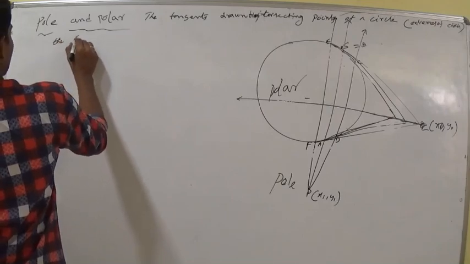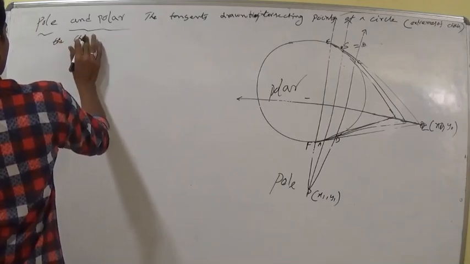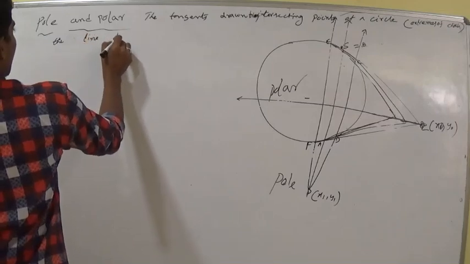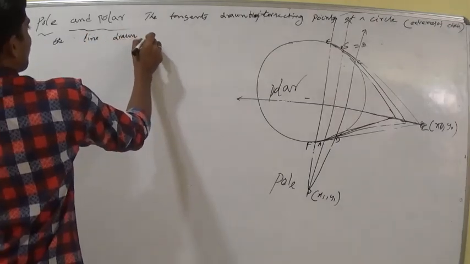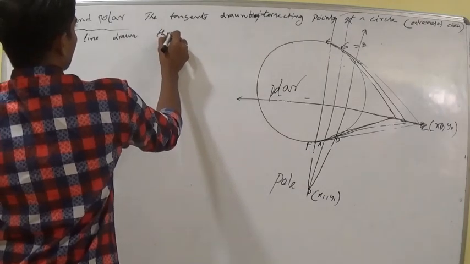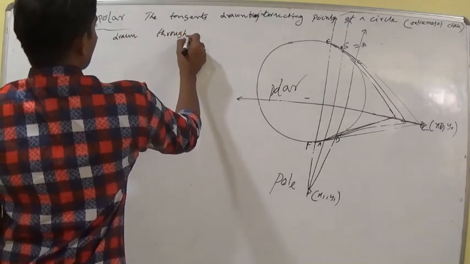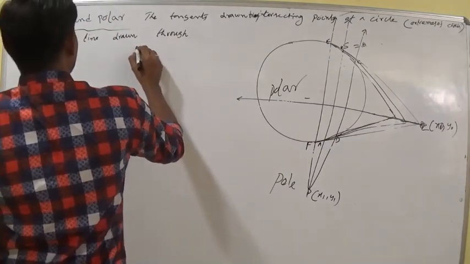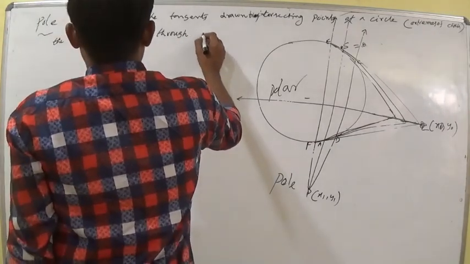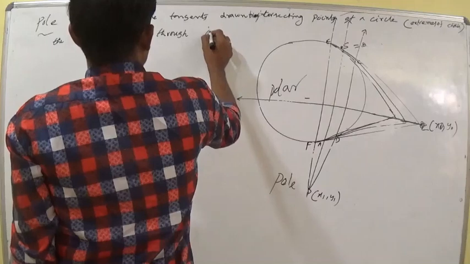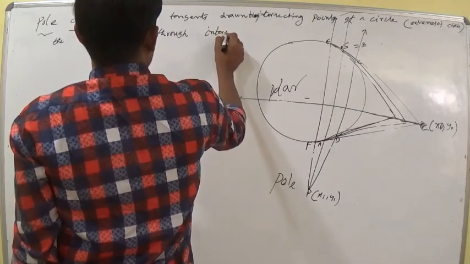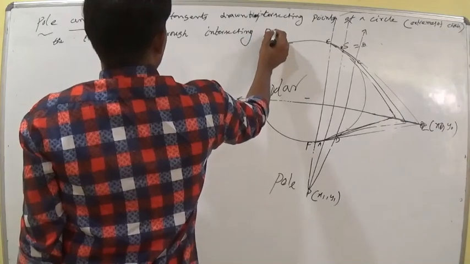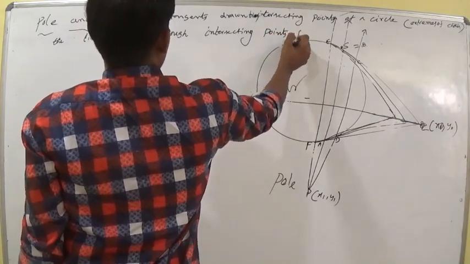The line drawn through intersecting points of tangents.